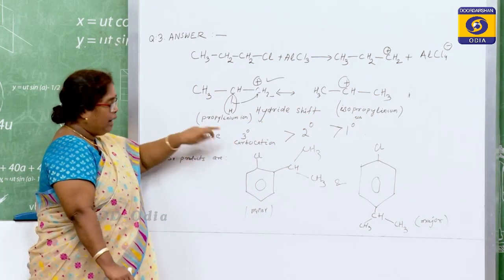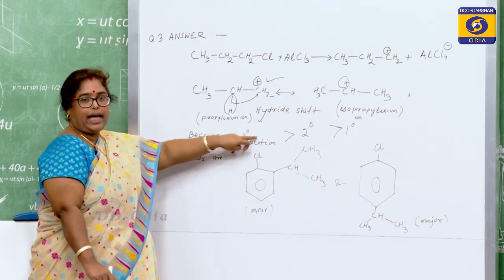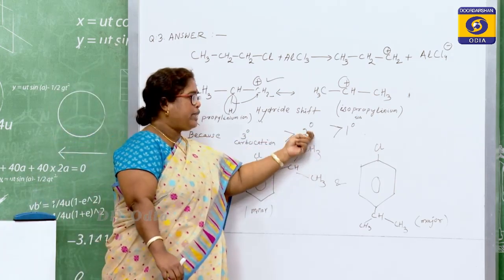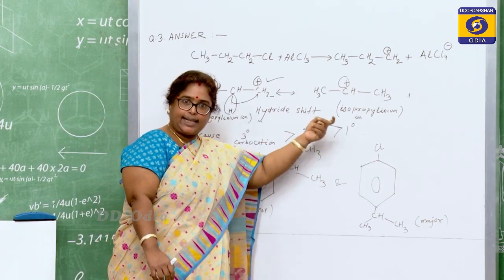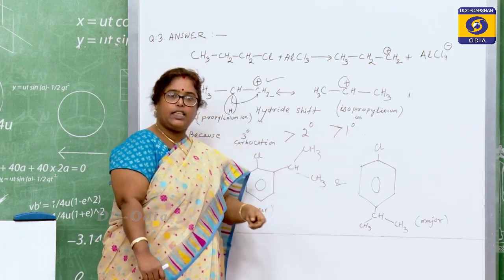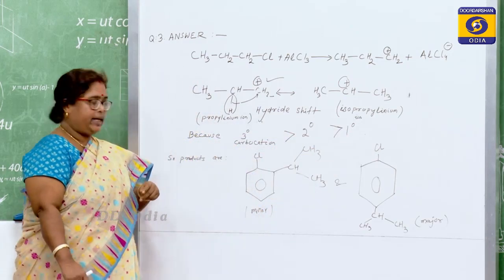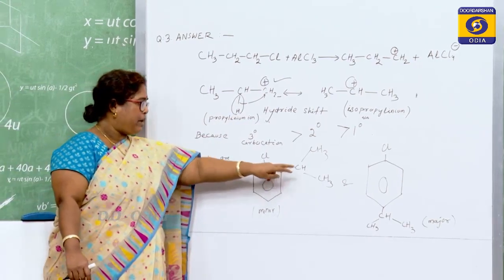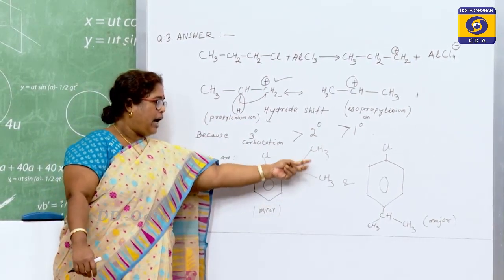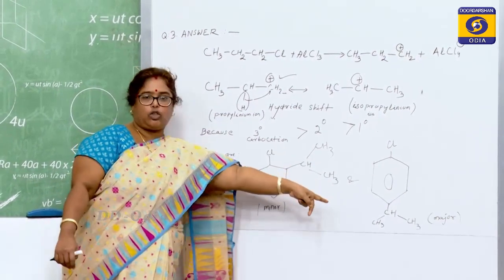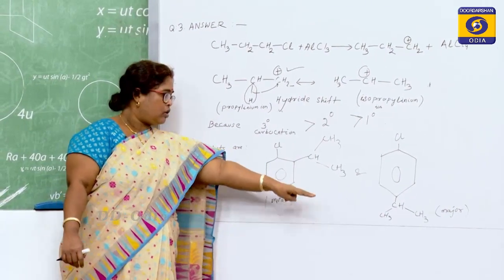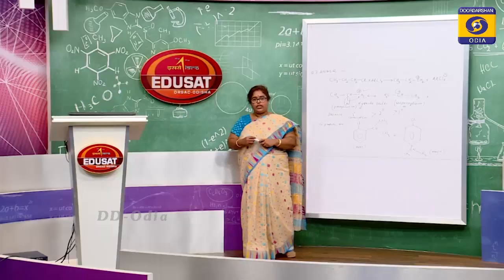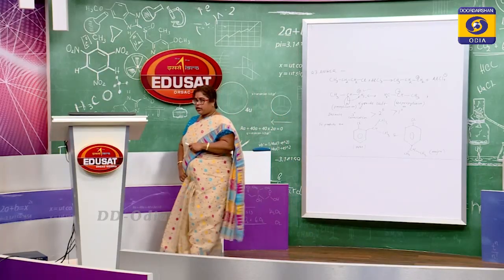And because the tertiary carbocation is more stable than the secondary carbocation, and the secondary carbocation is more stable than the primary carbocation. Okay. So, the products are this isopropylium ion, it is joined at the ortho position and also at the para position, whereas the para position is the major product.